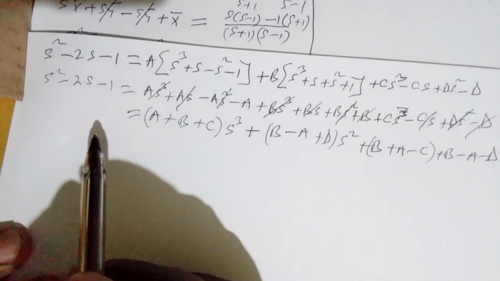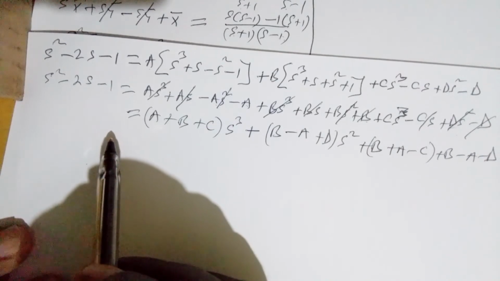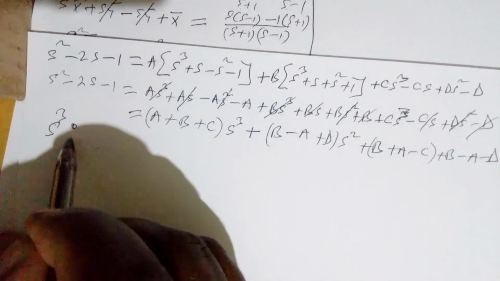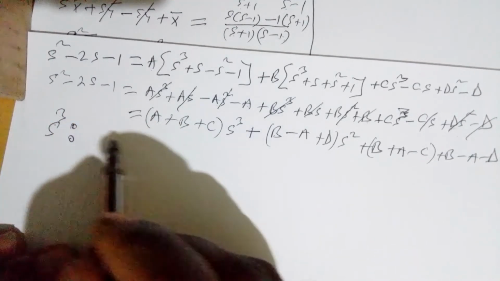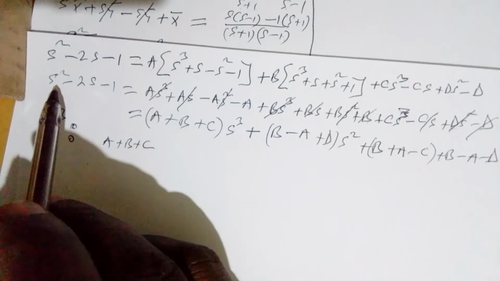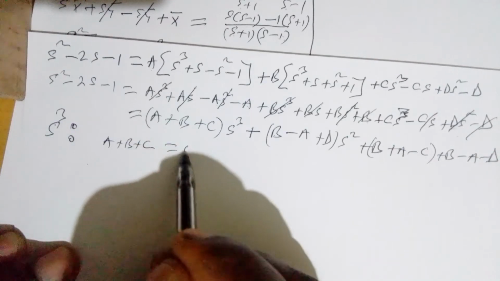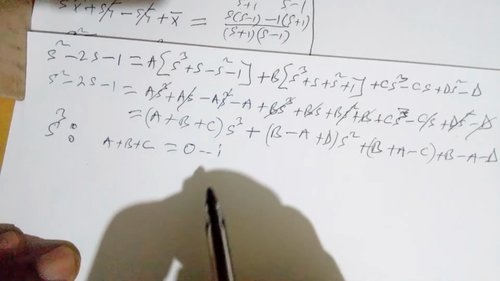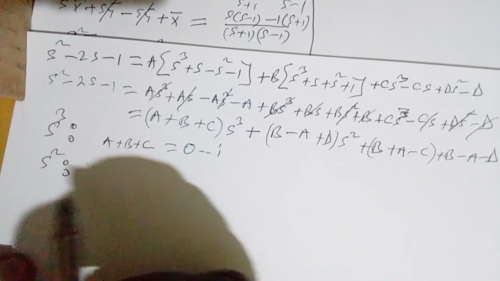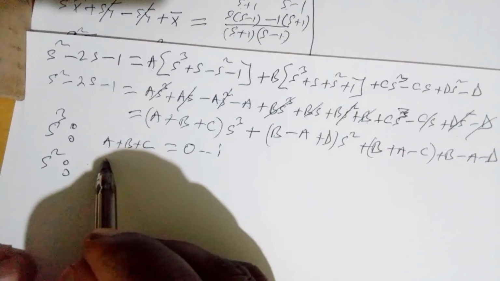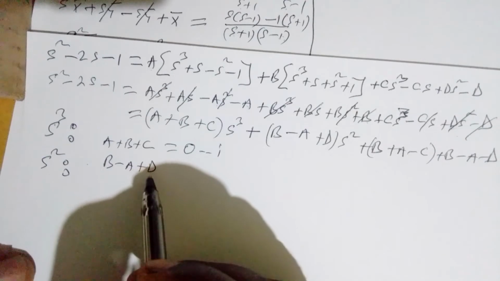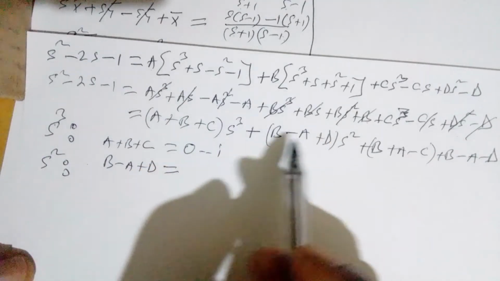So at this point now we equate the coefficients of s. So we shall start with the coefficients of s cubed. So here we have A plus B plus C. On this side we don't have s cubed, so it will be equal to 0. Equation 1. Then we equate the coefficients of s squared. On this side we have B minus A plus D equals to the coefficient of s squared.